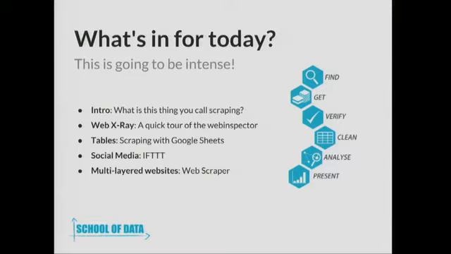Then I'm going to tell you about IFTTT to scrape images from Instagram. And then on the last part of the session, I'm going to teach you how to use the WebScraper, which is a Chrome extension that makes it really easy to scrape information out of web pages that have pagination or links and makes navigation automatically.